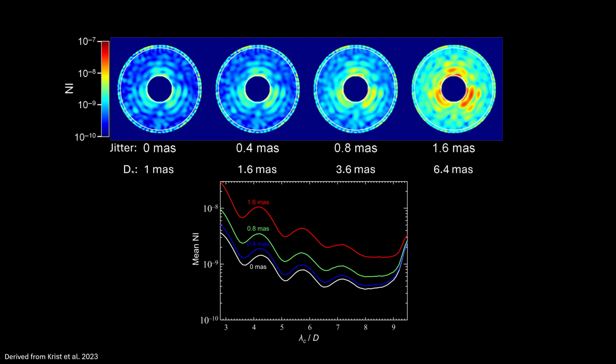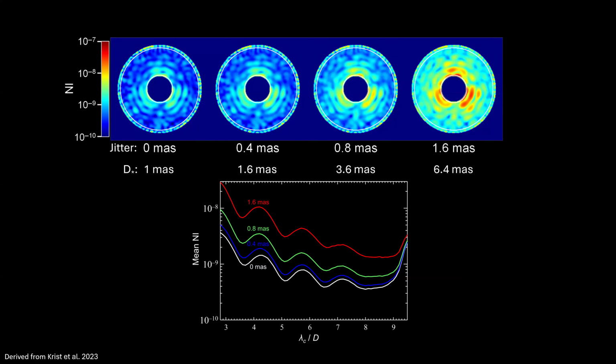So what I have plotted here, taken from CHRIST 2023, is a plot of jitter's effect on the dark hole contrast, but there is a similarity between stellar diameter and the kind of jitter-like noise that extra stellar diameter introduces into the dark hole.